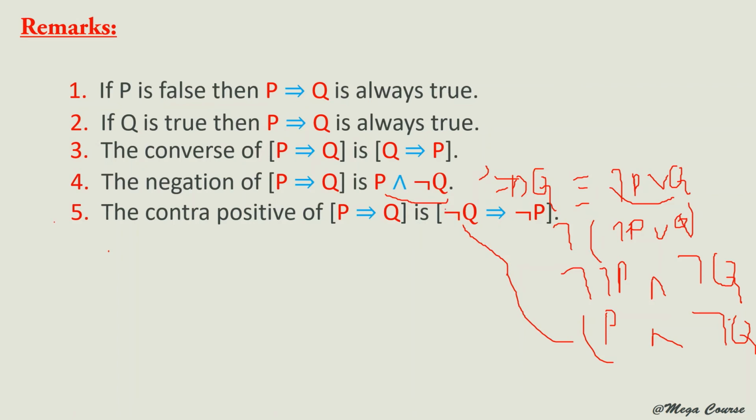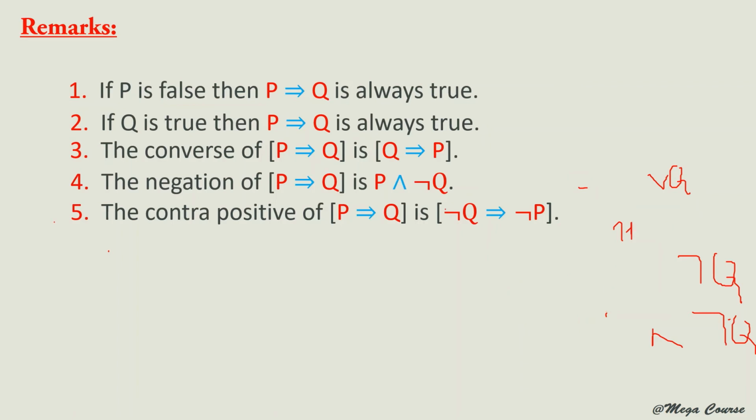Now the fifth one says the contrapositive of P implies Q is not Q implies not P. Example: if x square does not equal 1, then x does not equal 1. If and then. What do you remember from this?